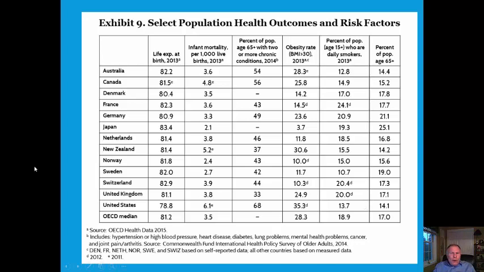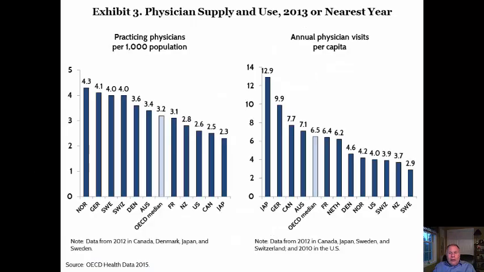Now, we've always heard it, many people have said, well, in Canada or in the United Kingdom, you've got to wait forever. Well, let's take a look. Okay? The practicing physicians per 1,000, we're down on the bottom. But this one here is really the one that fascinates me.